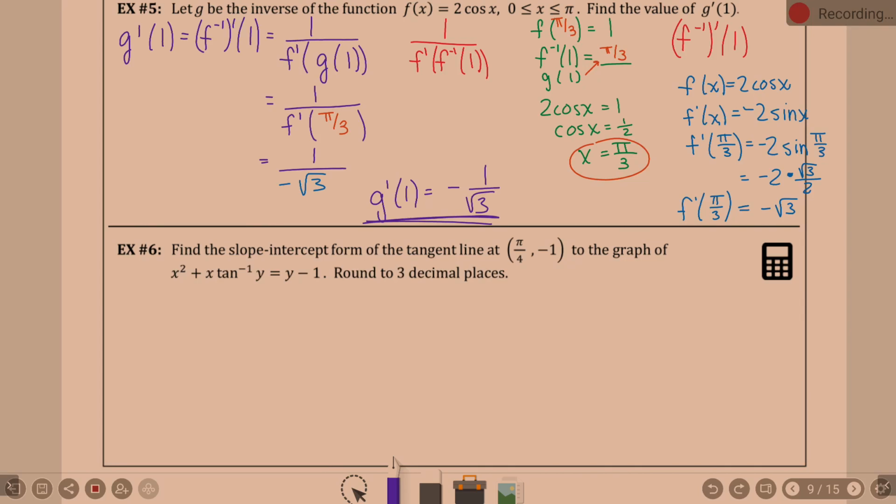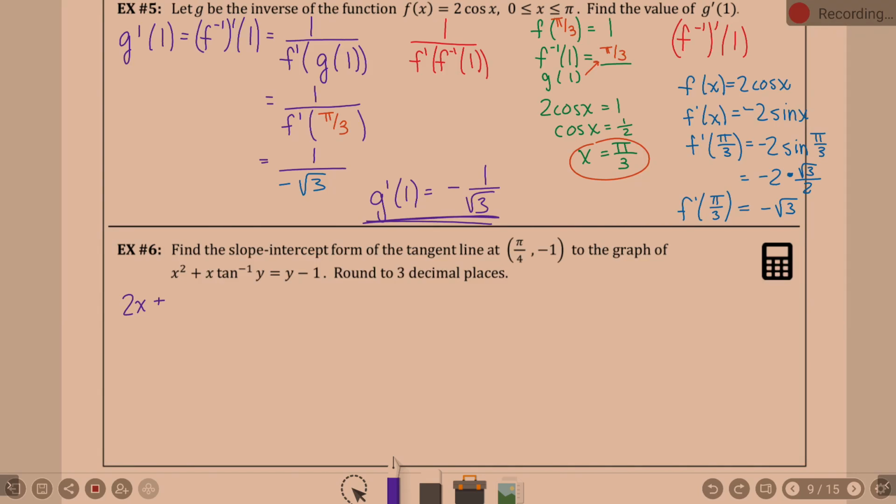Okay. This equation is very implicit. X's and Y's are very mixed up. If I'm trying to find slope-intercept form of the tangent line, I need the derivative to find slope, yes? So we are truly using implicit differentiation this time. So derivative of x squared is 2x plus.